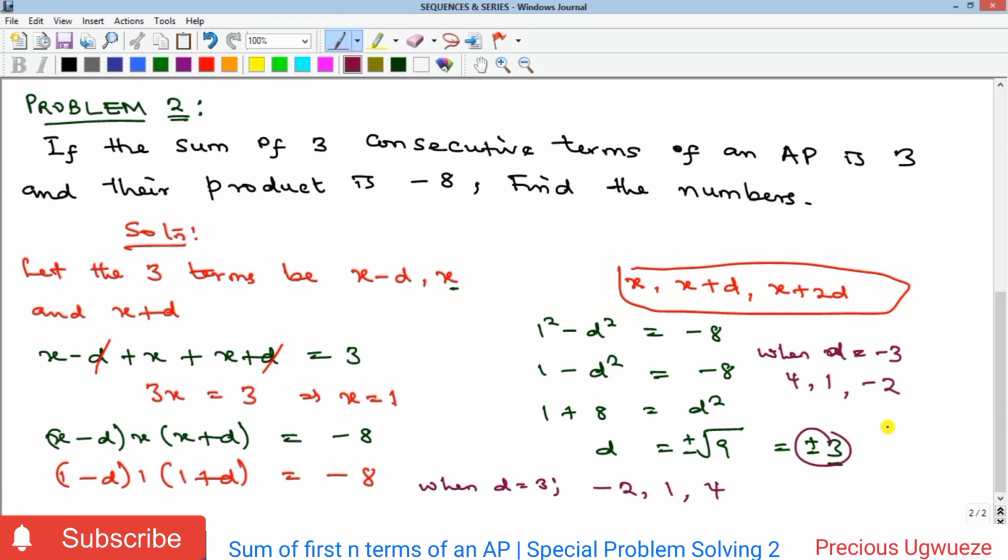And if you check, in this case it's just the reverse of the other. It's the same terms, but the only difference is that your common difference is now negative, so it is decreasing. And of course, if you sum, you also get 3. If you multiply, you also get -8. And that's the solution to this problem.